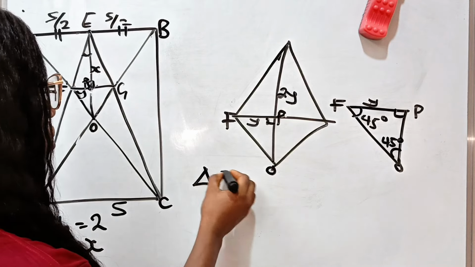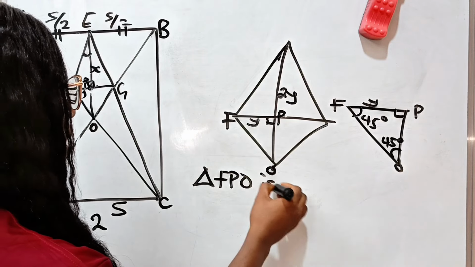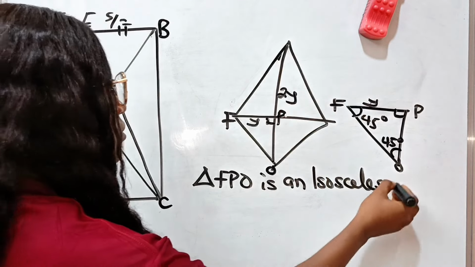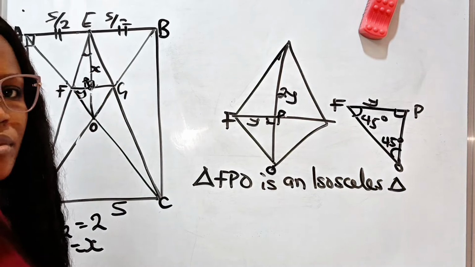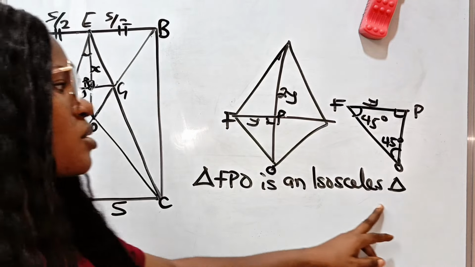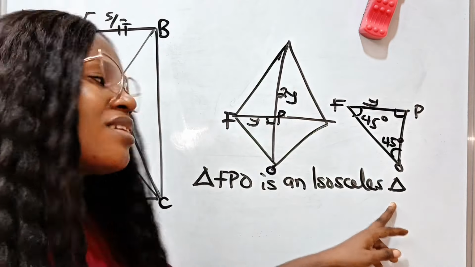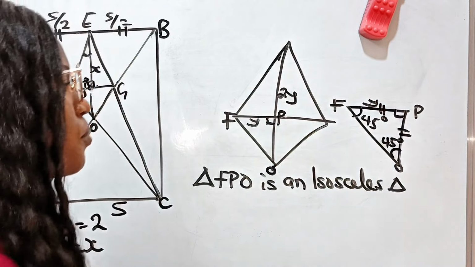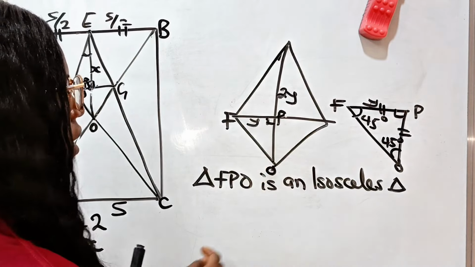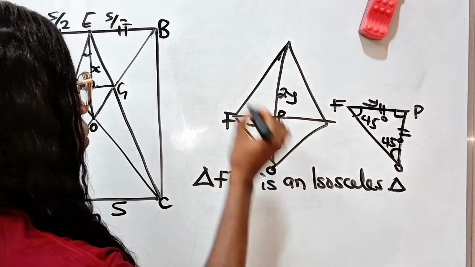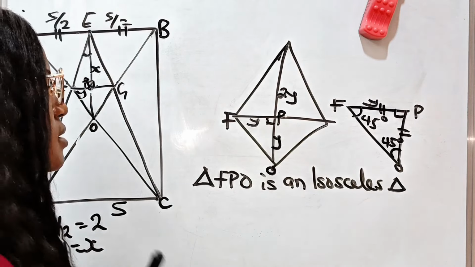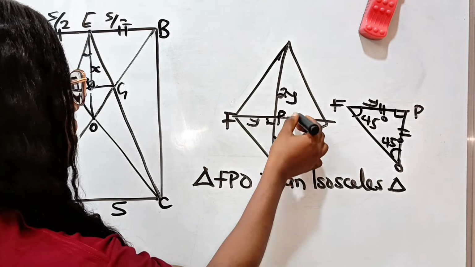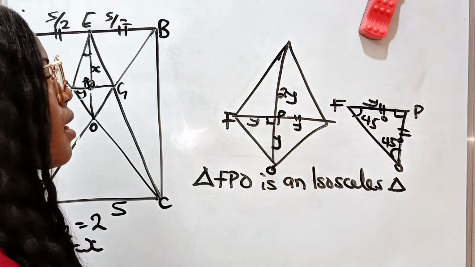That means that triangle FPO is an isosceles triangle. And if it's an isosceles triangle, then this side is equal to this side. So if this place is y, then this line is also y. Yes, and because this angle and this triangle are congruent, therefore this place is also y.